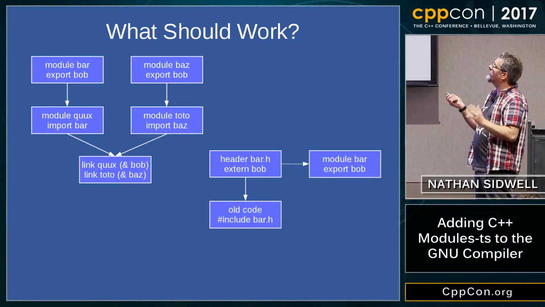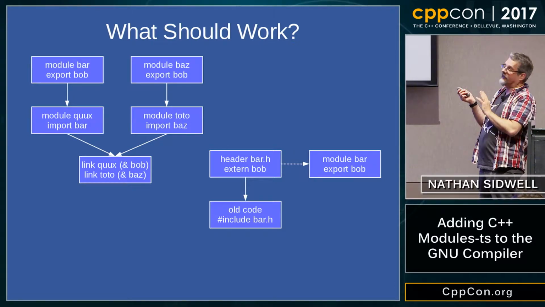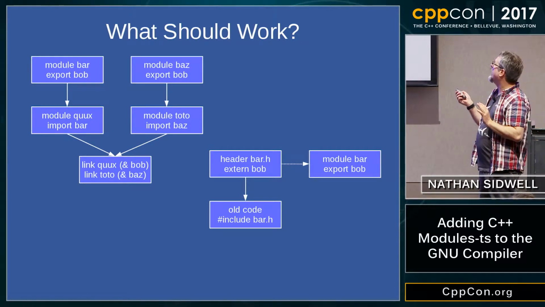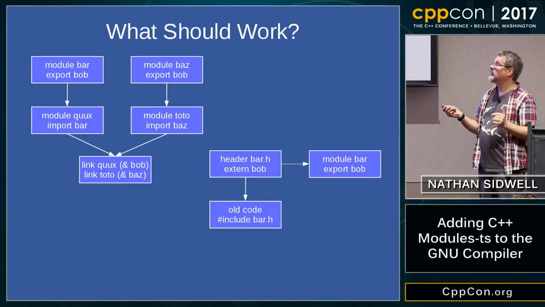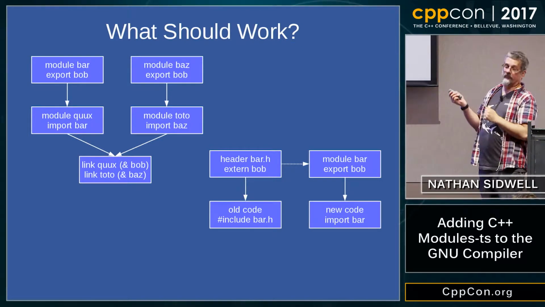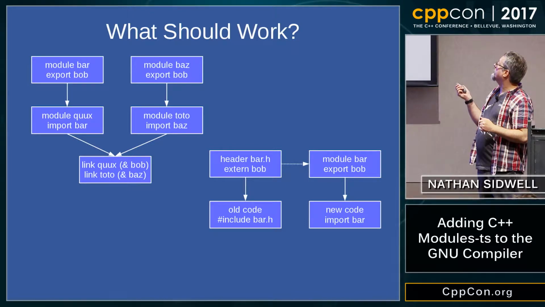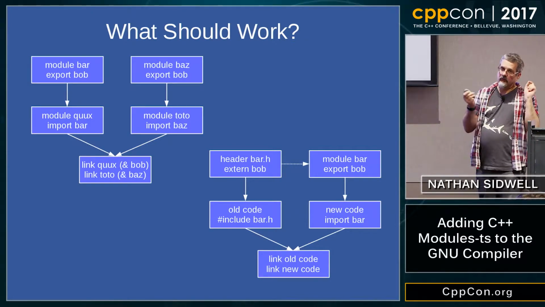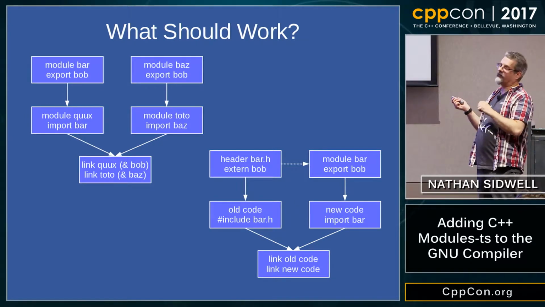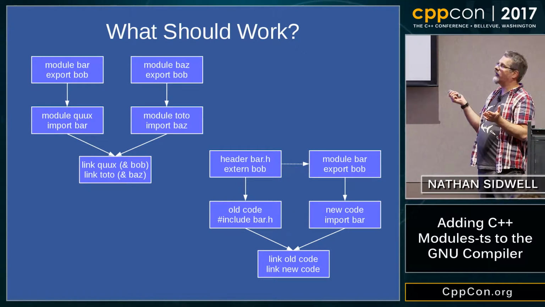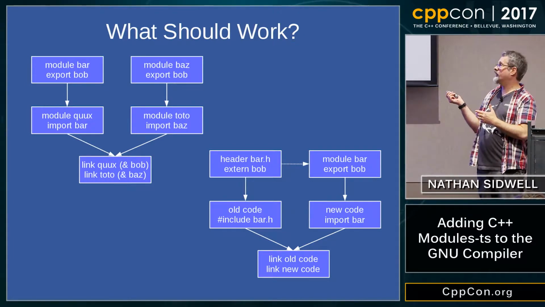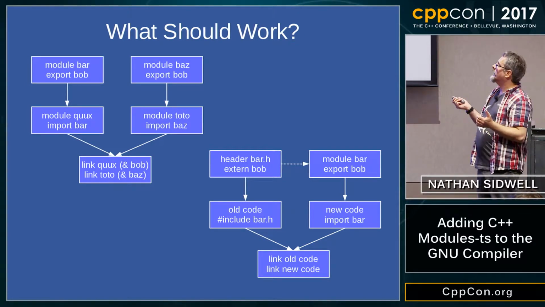So they convert this header file and the whole library into modules, and it exports bob. New code imports that module and uses bob. For some reason we're still using the library that uses the old way and our new way, and we link it all together.